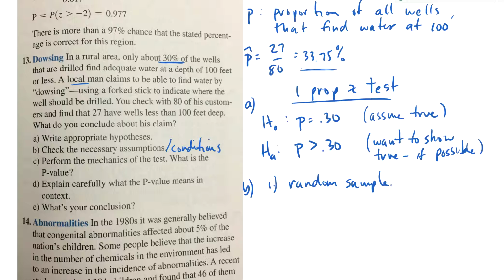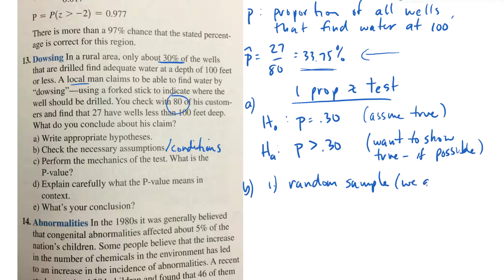Do we have a random sample? Is this a random sample? Well, I don't know that it's necessarily random, but we have to assume, hence the word assumptions, that 80 is a random set of wells. So he's not drilling or testing all in the same area, for instance.